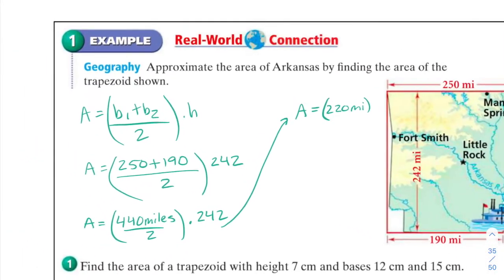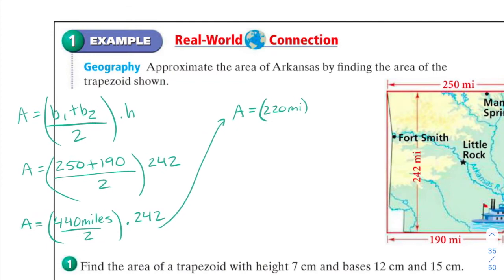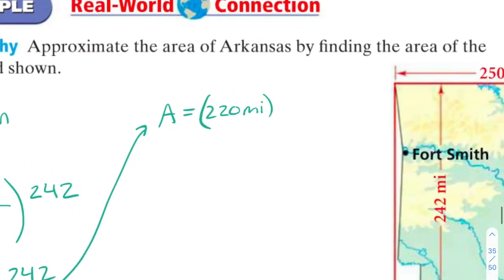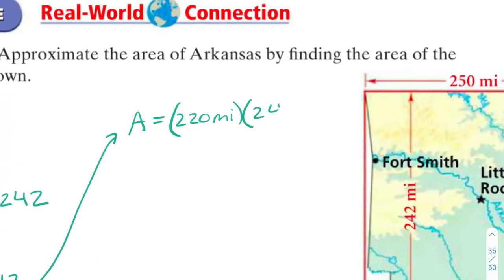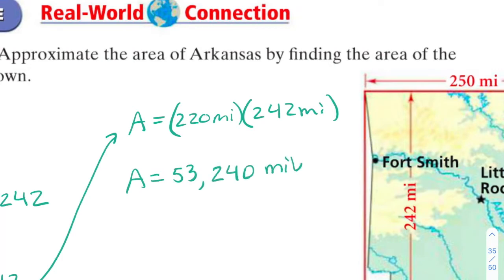I wrote really large, so let me move this over. 220 miles times 242 miles. So divided by 2 times 242, it's going to be 53,240 miles.